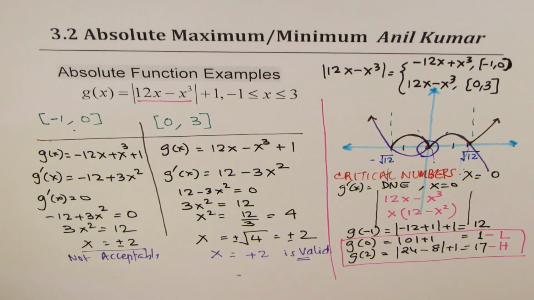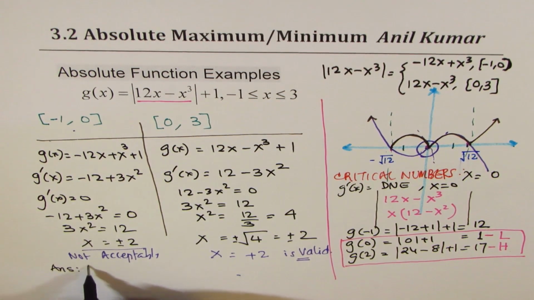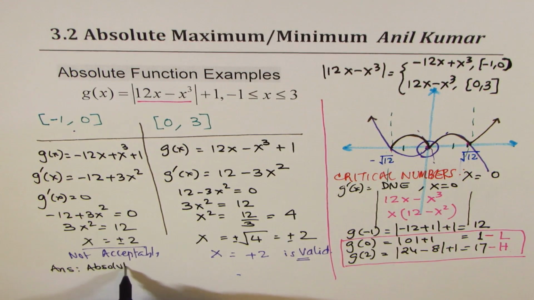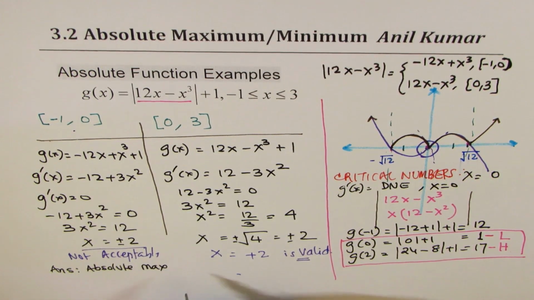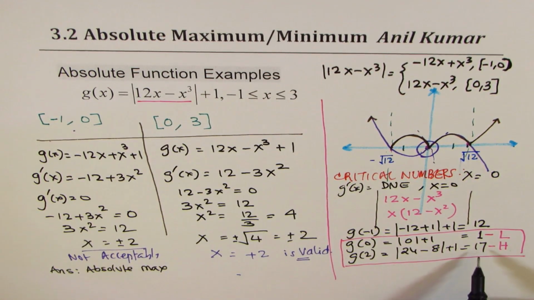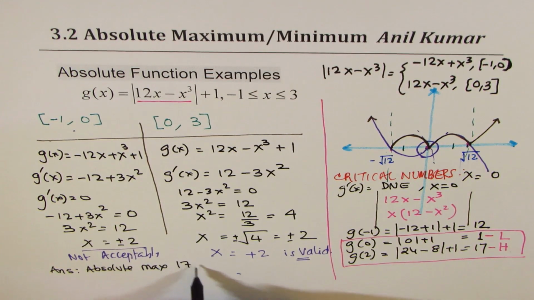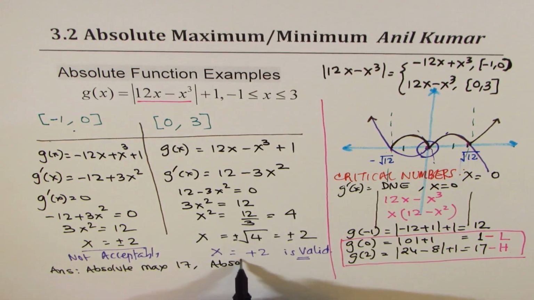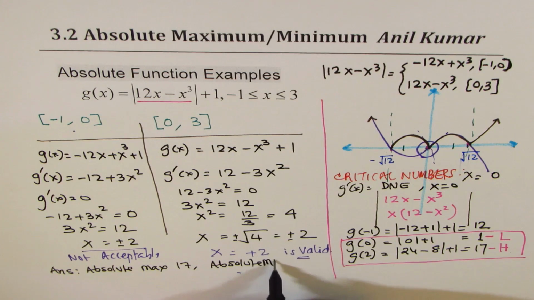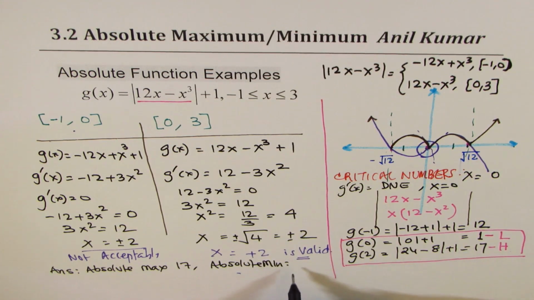So that is the answer for the given question. So our answer here is absolute maximum. If they say value, you have to write the value, which is 17, and absolute minimum is 1, correct? If they say at what point it occurs, then you have to write the x value also.